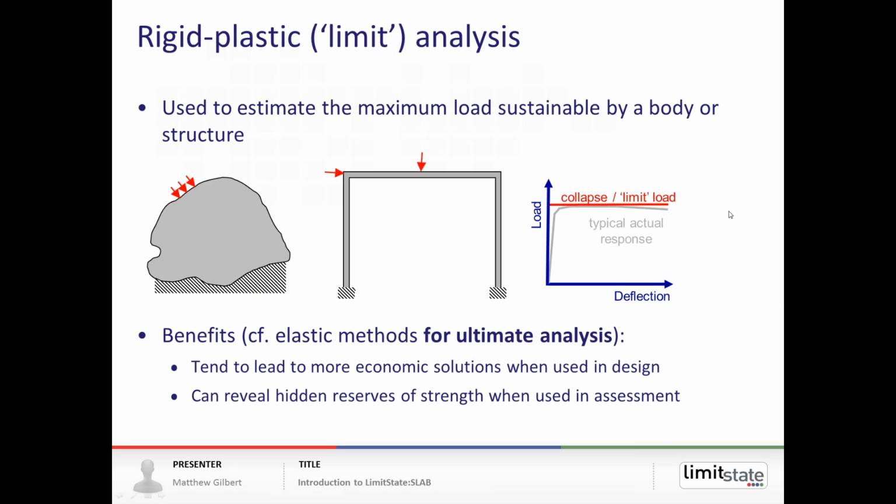The key benefits compared with elastic methods, if you're thinking of ultimate analysis, are firstly that you end up with more economic solutions when you're using them in a design context, and you can often identify hidden reserves of strength when you're using rigid plastic methods in an assessment context.